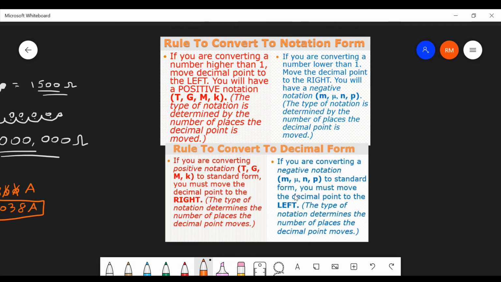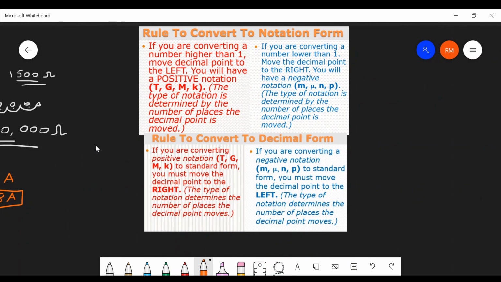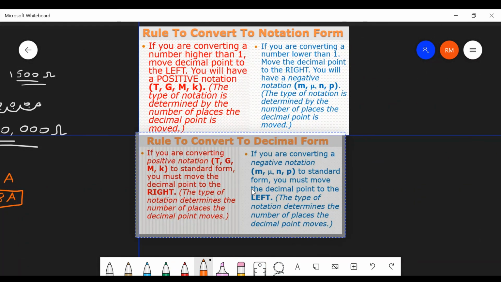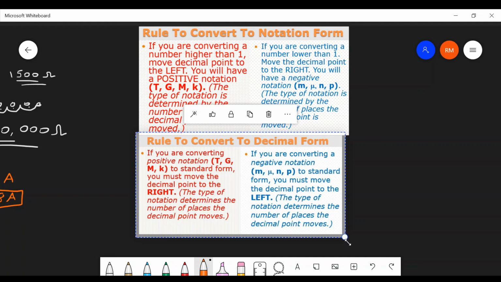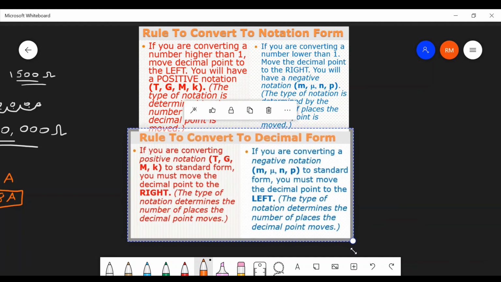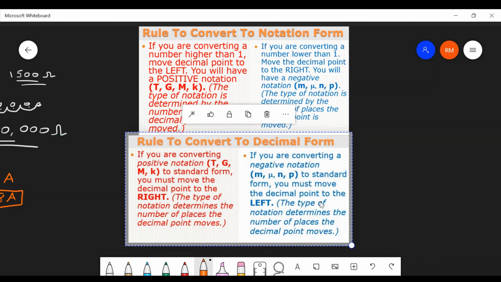That is what we did in the beginning of the lesson. Next, we're going to convert it to decimal form. That's what we just did. The first half of the video is converting it to notation form. The second half of the video is converting it to decimal form.